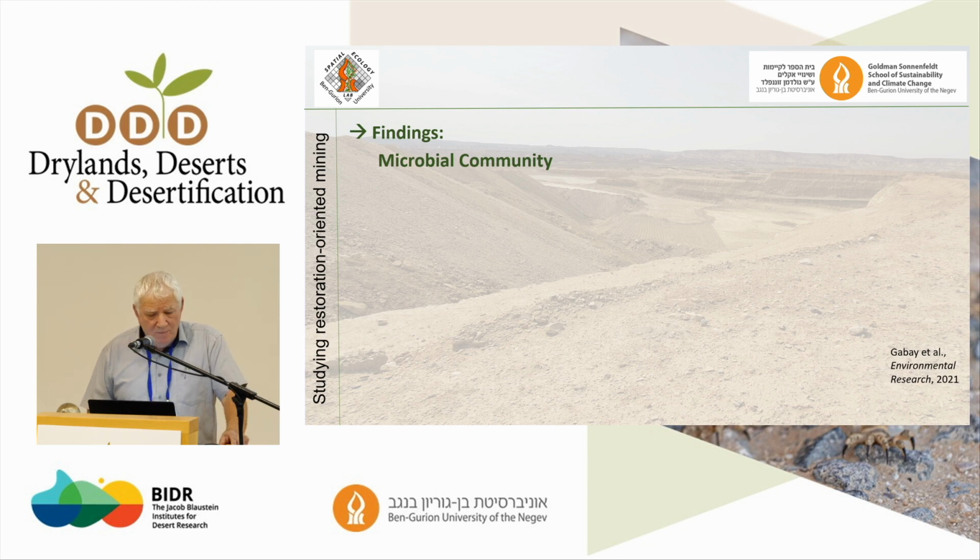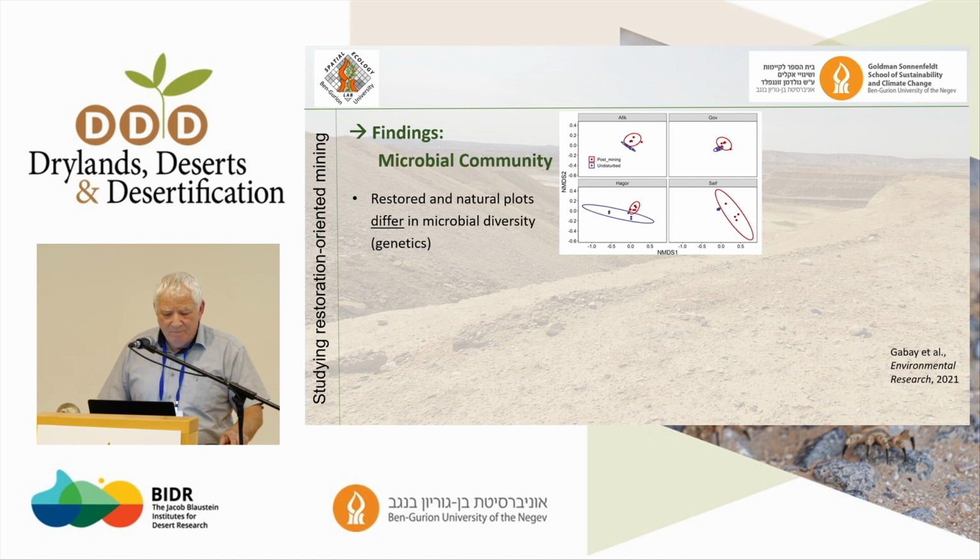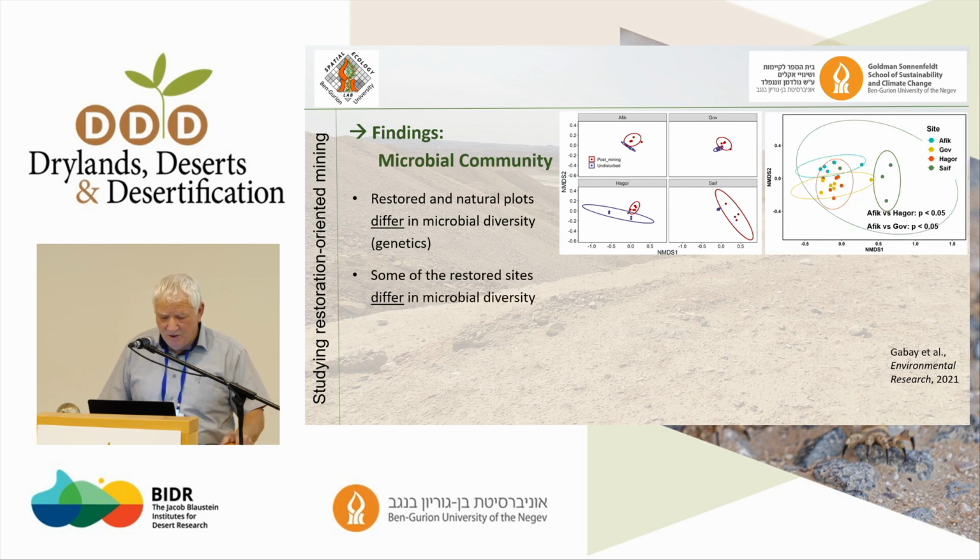When we talk about the microbial community, this is the work of Talia Gabay, and we compare between the restored and natural plots, we see that they differ very significantly in microbial diversity. Post-mining means restored, undisturbed means natural, and you see that in each of these sites, these are entirely different microbial communities. So they are not similar at all.